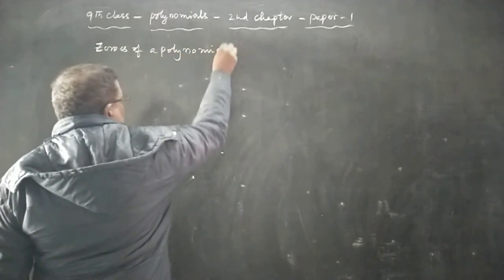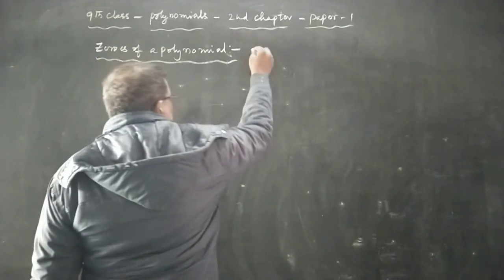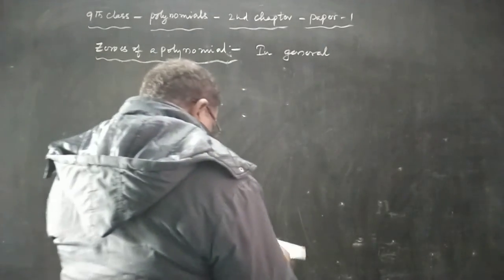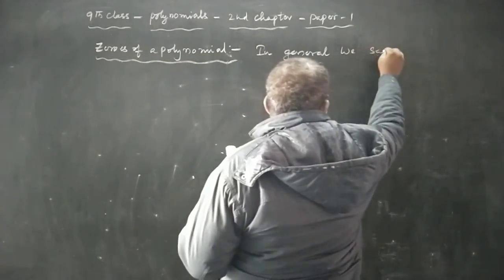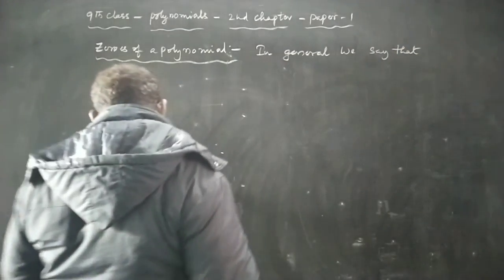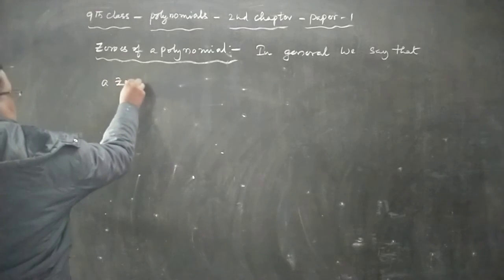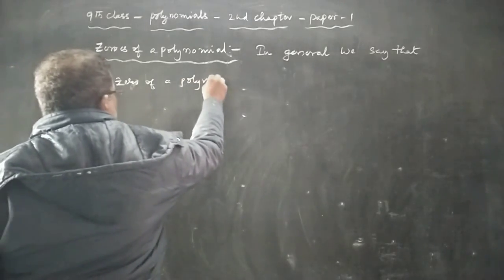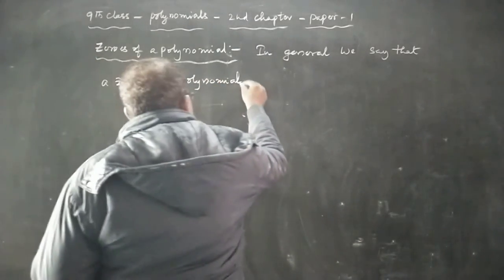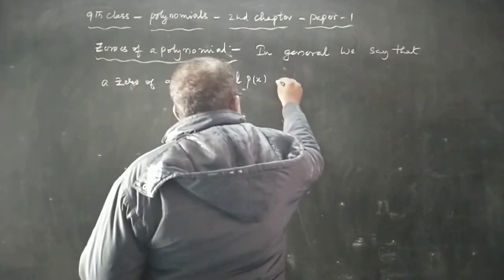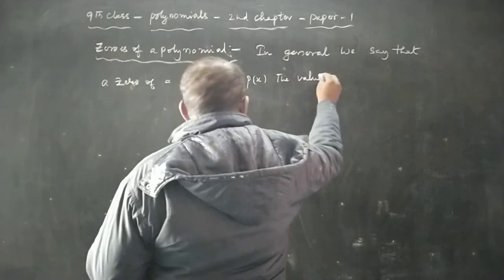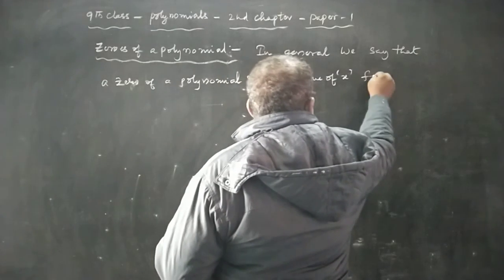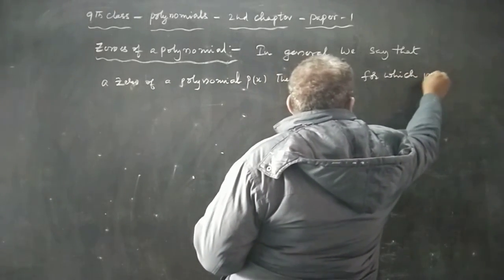So, what is zeros of a polynomial? In general, we say that a zero of a polynomial P of x is the value of x for which P of x equal to 0.